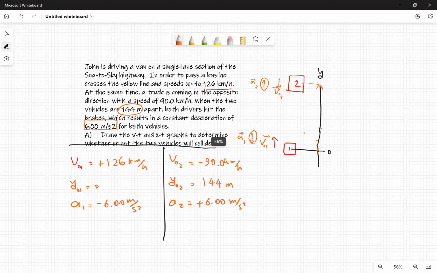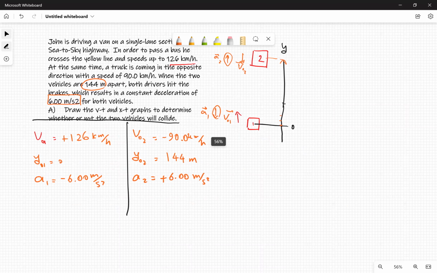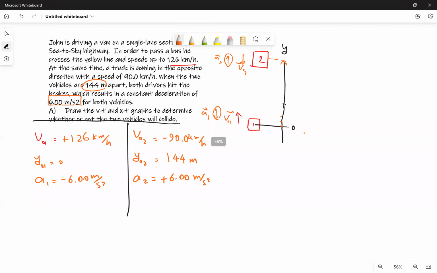Now, what are the unknown parameters? The question is basically asking us to draw position-time and velocity-time graphs and determine whether or not the two vehicles collide.